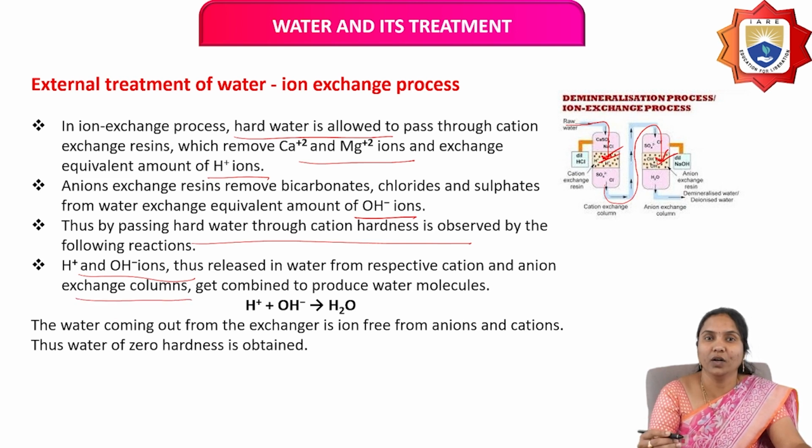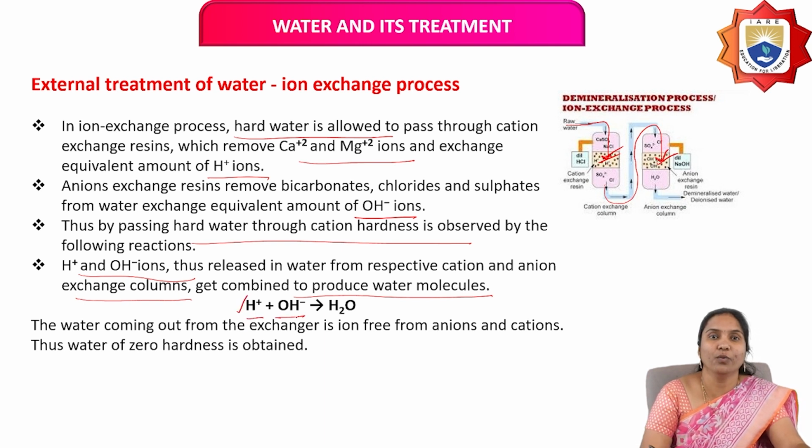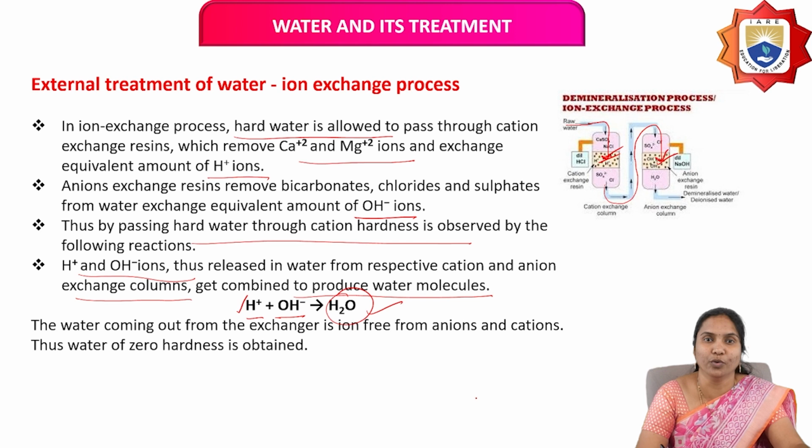Coming out of the water, there are only H plus and OH minus ions, which combine to produce water molecules, H2O. This is pure water, completely free from hardness causing ions and minerals.